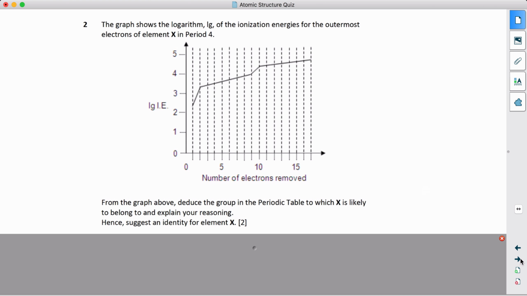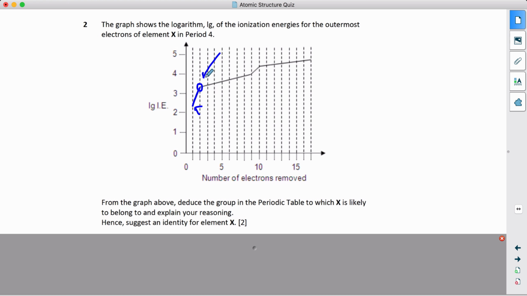The next question, they say this is the IE graph versus the number of electrons removed. They say deduce the group in which period in the periodic table X is likely to belong. What we are looking for is the big jump. After removing the first electron, it takes a lot more effort to remove the second electron.